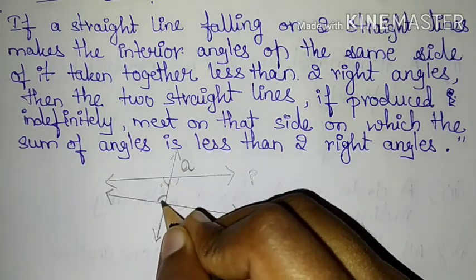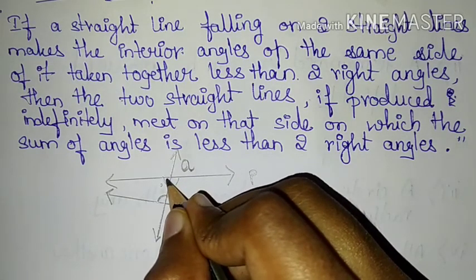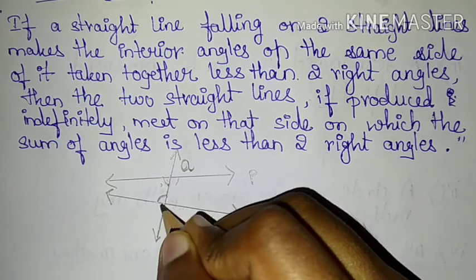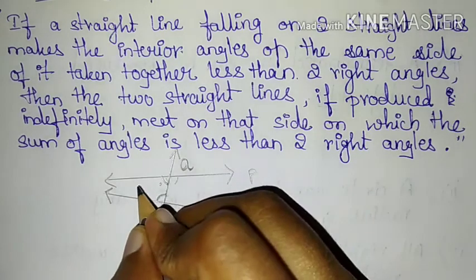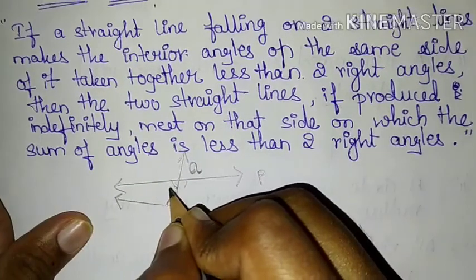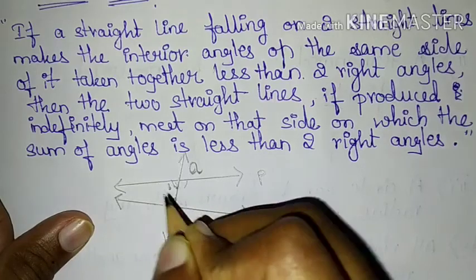So the sum of the interior angles on the same side of the transversal, if it is less than 180 degrees. So let these be angle 1 and angle 2.